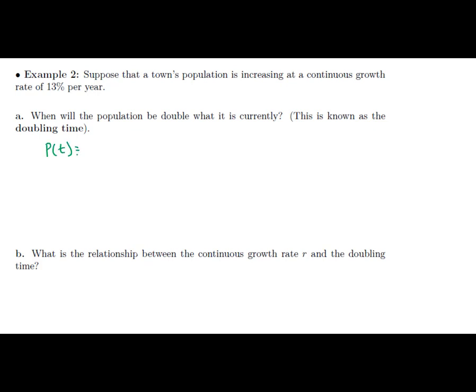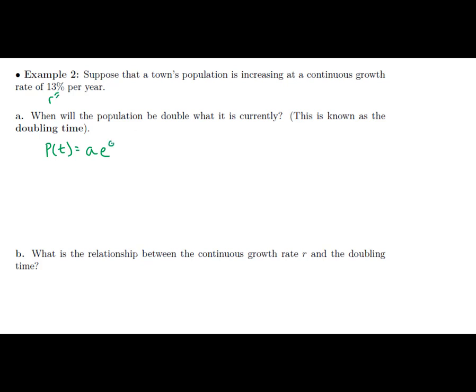understanding that I have this population function, and I'm going to write A, the initial amount of the town's population, and I don't know it, right? So I'm just going to leave it as A, but I'm going to write e to the r, my continuous growth rate.